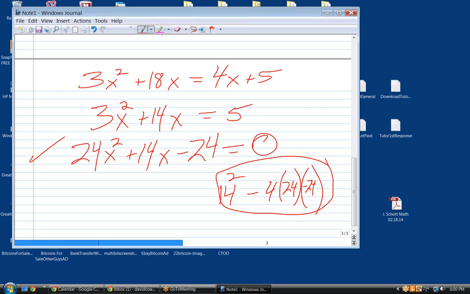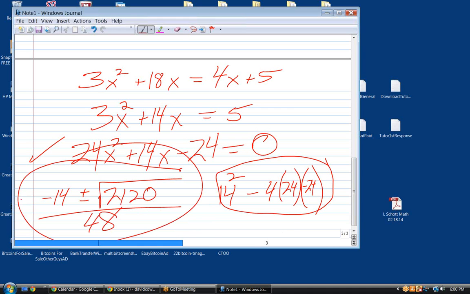However, I'm still going to use the quadratic formula because I don't want to waste an hour trying to factor it. So it would be minus 14 plus or minus the square root of this number, say 2,120, all over 48. So there's my answer.